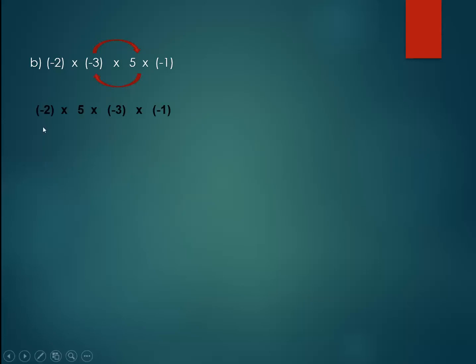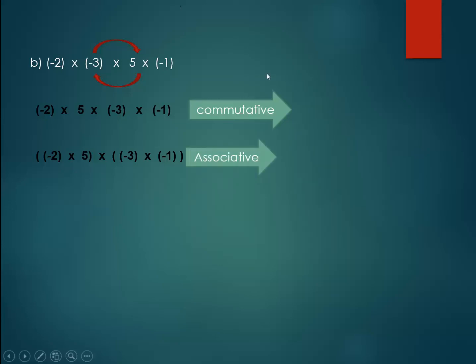Then between brackets negative 2 times 5, and between another brackets negative 3 times negative 1. This is the associative property. Negative 2 times 5 is negative 10, and negative 3 times negative 1 is positive 3, so it will be negative 30. Here closure, because the answer belongs to Z.